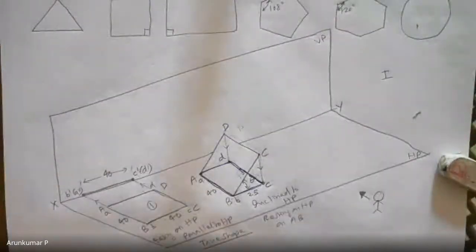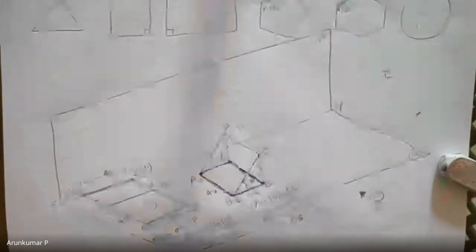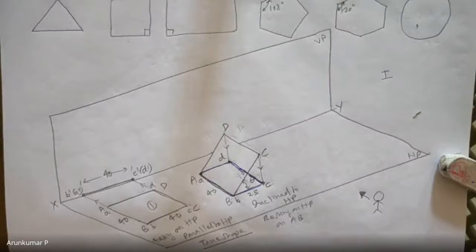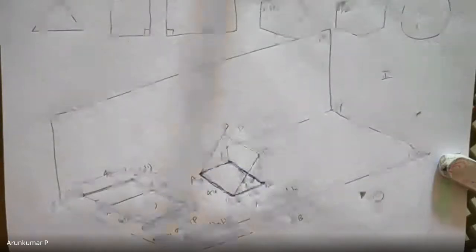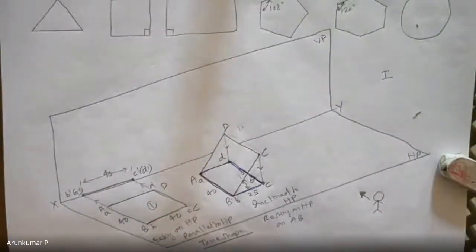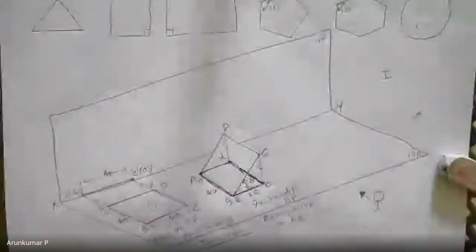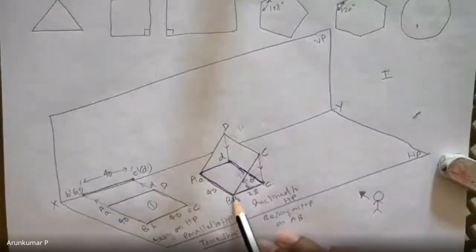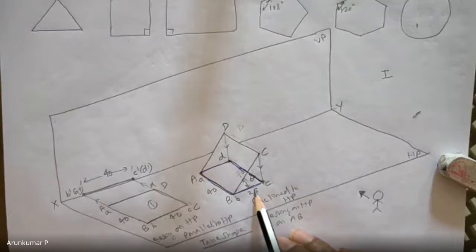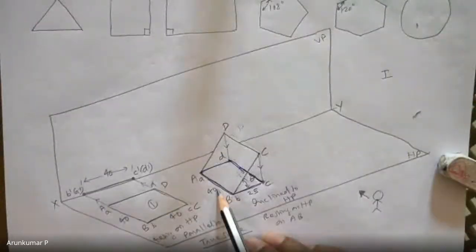You get the apparent length. That is what you have got. This 25 mm is the apparent length. 40 mm is the true length.